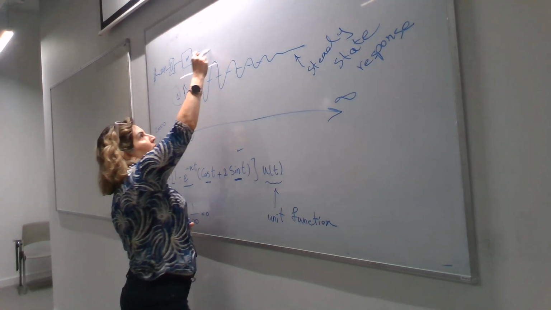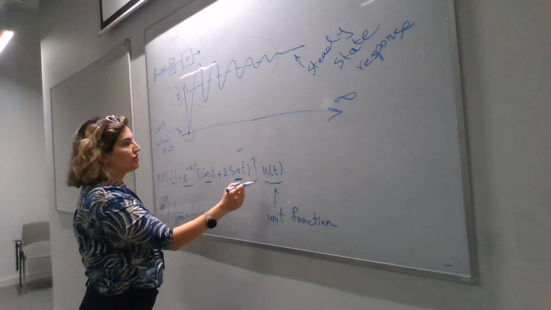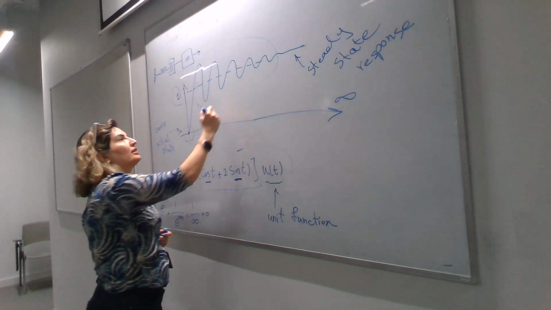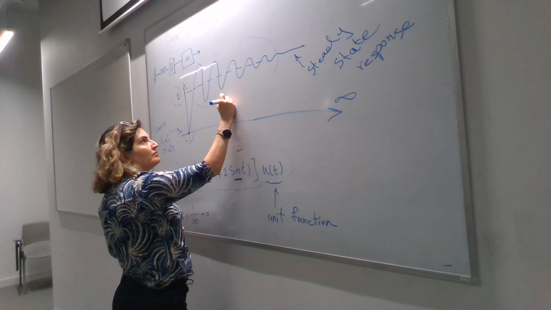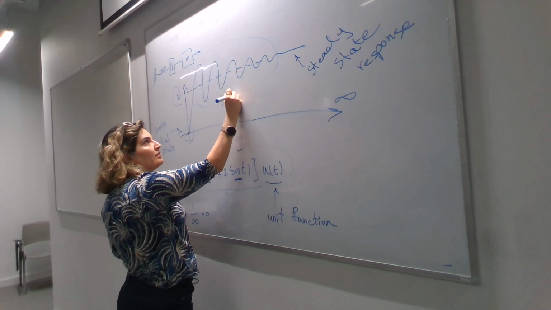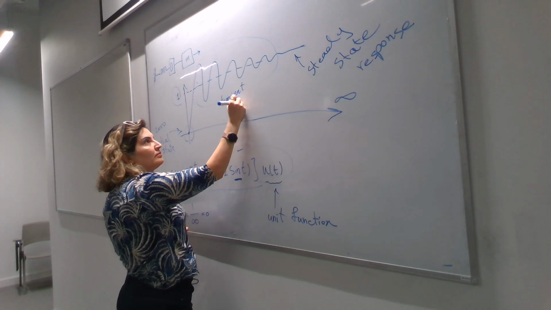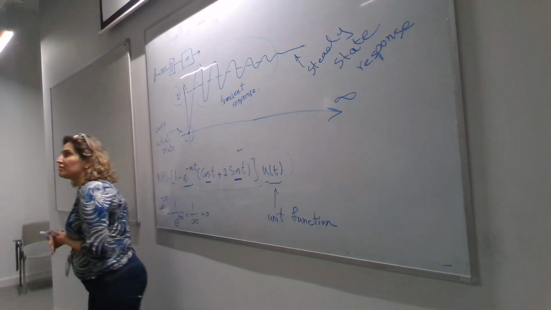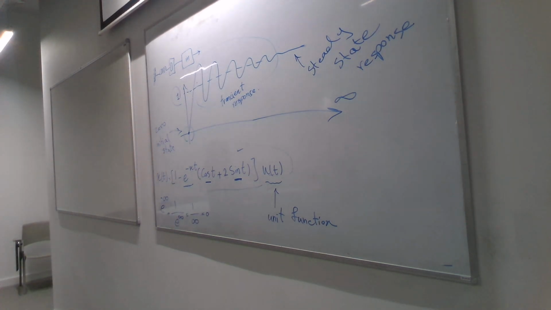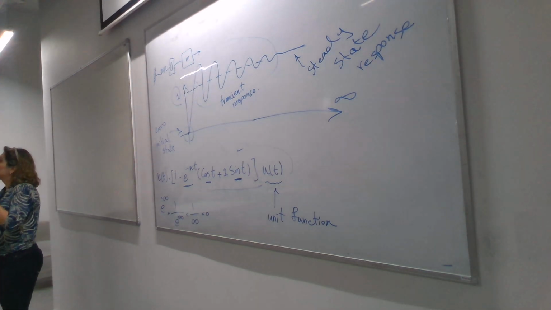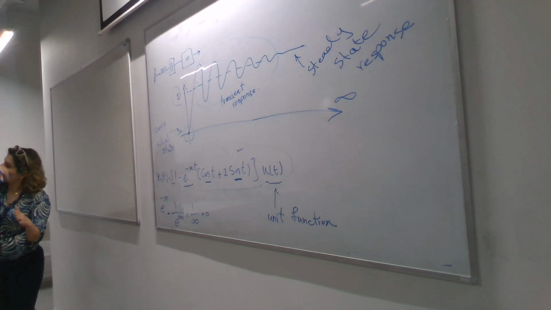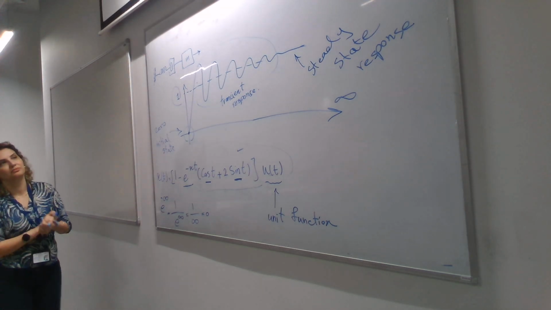What's happening in the middle, the oscillation, which can be defined with this, that is the transient response. That's how you apply Laplace for transient. Transient means the time when you're oscillating and trying to settle down into your steady state.